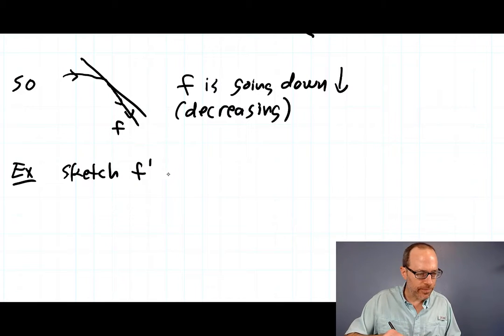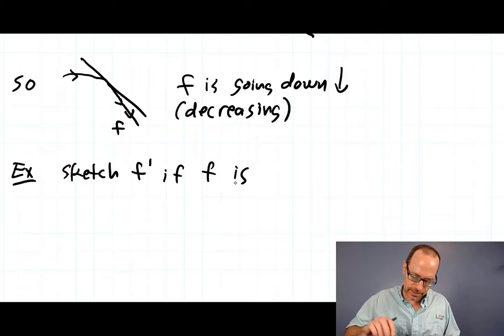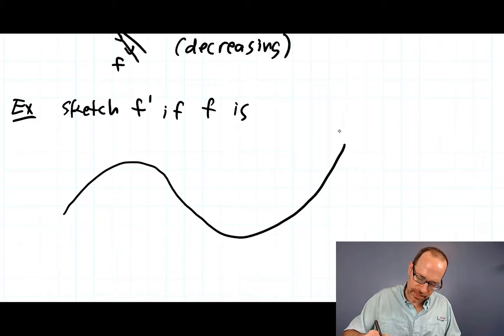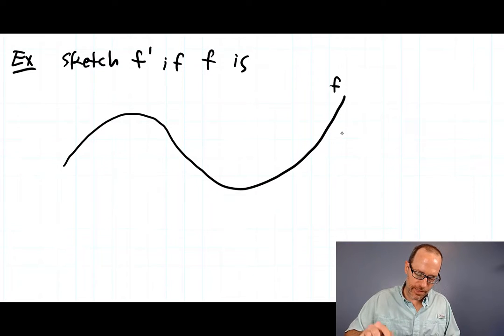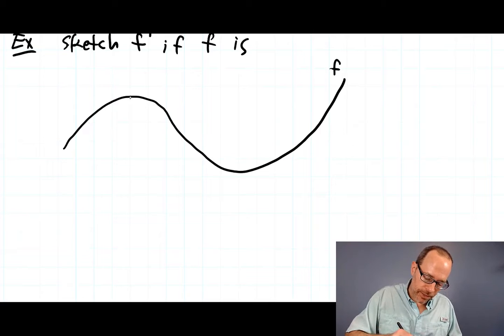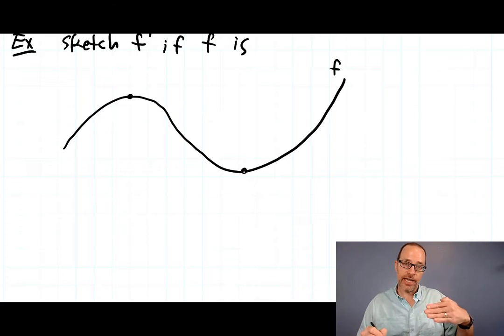So sketch f prime if f looks like this. So here's f. And I want to know something about f prime. Well, the first thing I'm going to notice is here and here the tangent line flattens out.